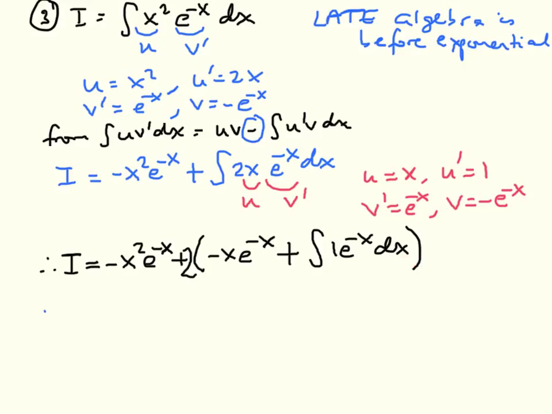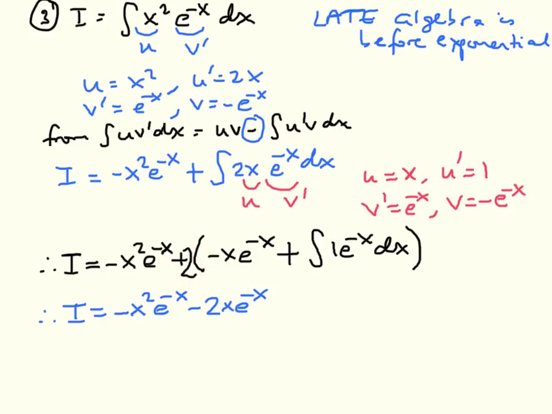So therefore we have that I is minus x squared e to the minus x minus 2x e to the minus x. So I'm opening the brackets here and remembering to multiply everything by 2.